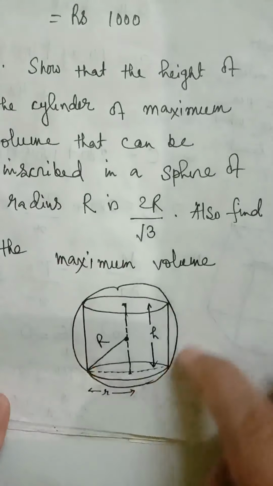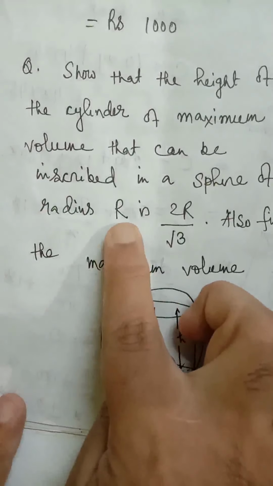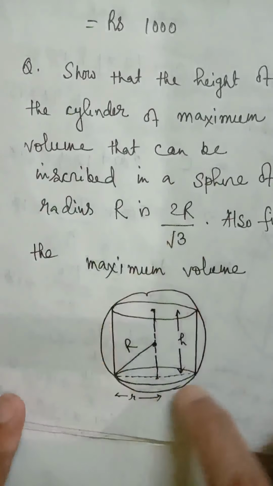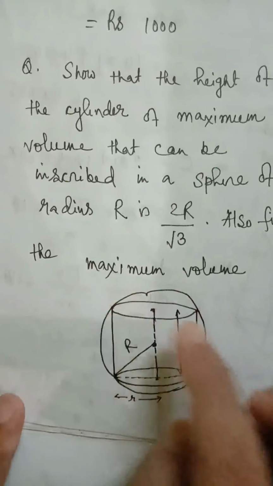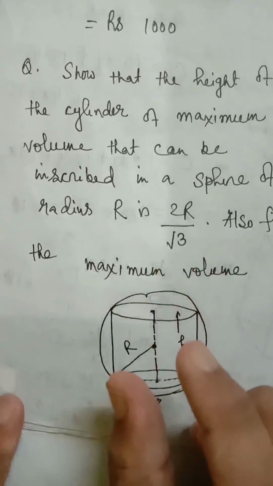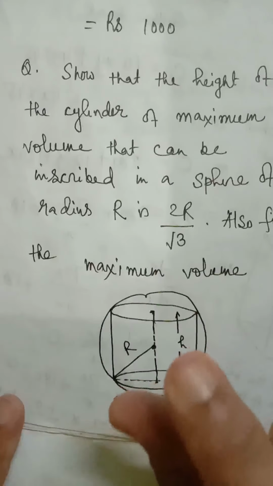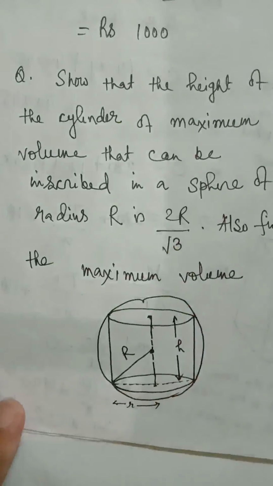Radius R is given, which means R is constant. So this is what we have to prove.